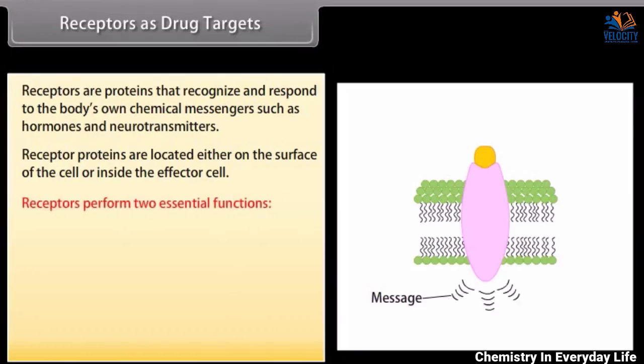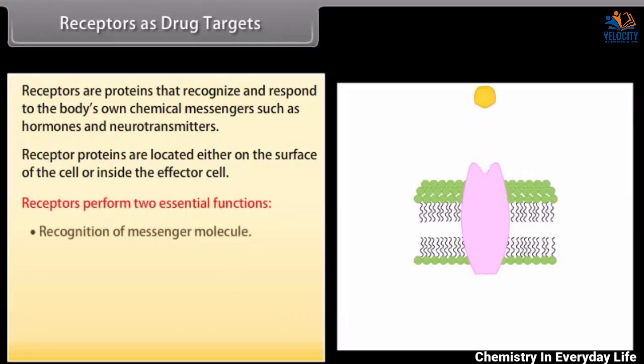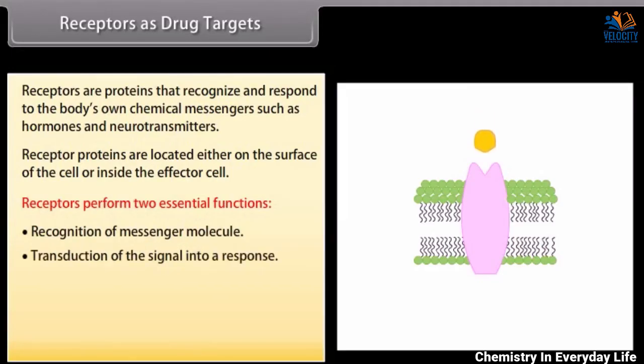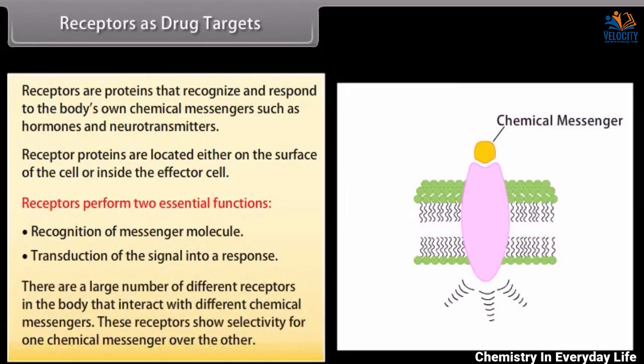Thus, receptors perform two essential functions: recognition of messenger molecule, and transduction of the signal into a response. There are a large number of different receptors in the body that interact with different chemical messengers. These receptors show selectivity for one chemical messenger over the other.